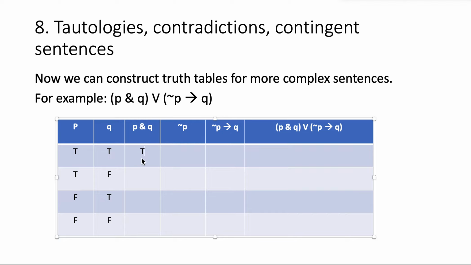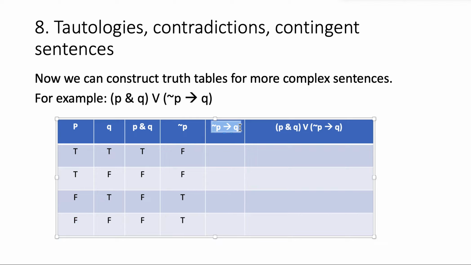It will be true here, false here, false and false. Now we have not P. P is true, not P is false. P is true, not P is false. P is false, not P is true. P is false again, not P is true.